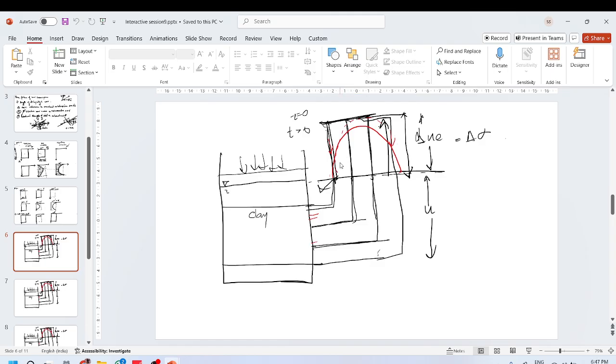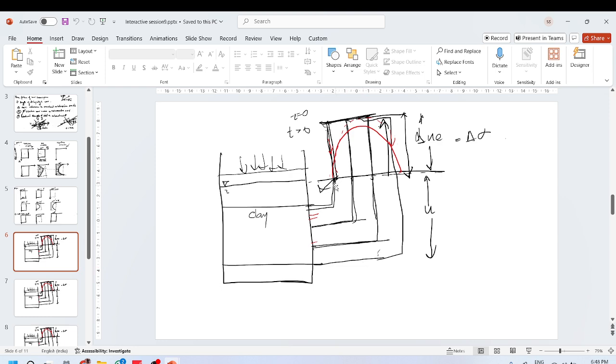At different times, we try to calculate the pore water pressure throughout the depth. So the hydraulic head is both space and time dependent. If this is a double drainage system, the particles or areas nearer to the drainage layer will dissipate their excess pore water pressure immediately.